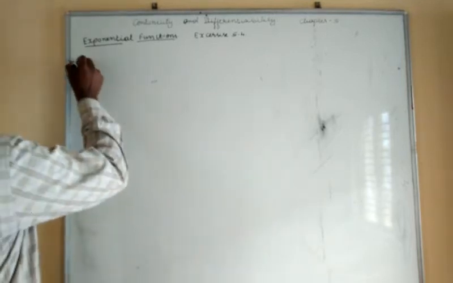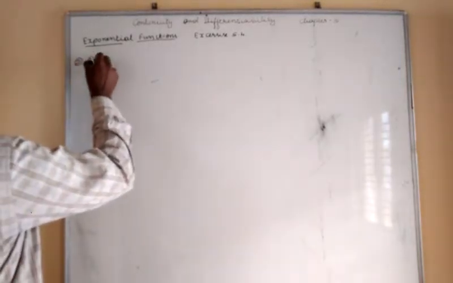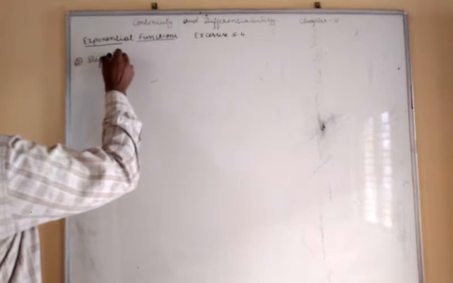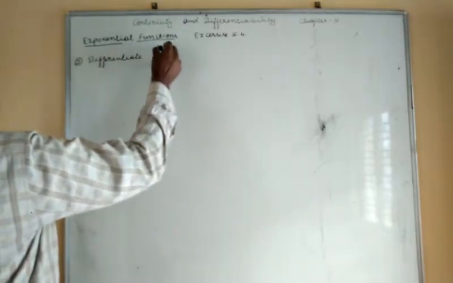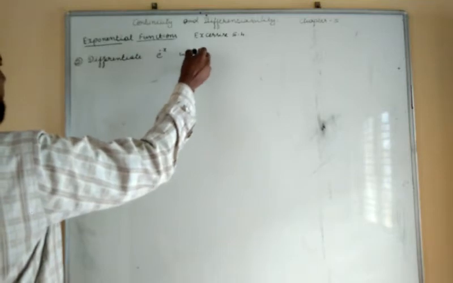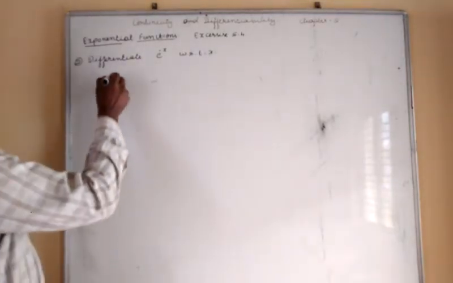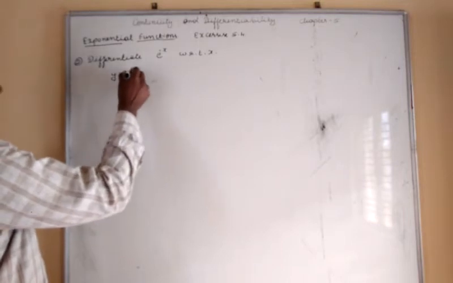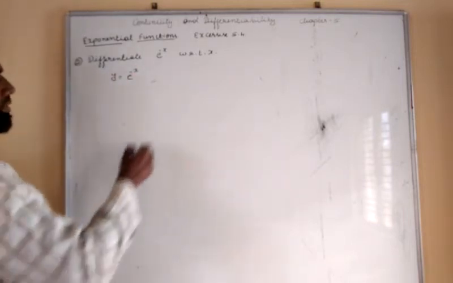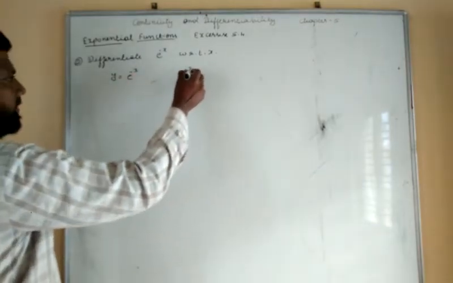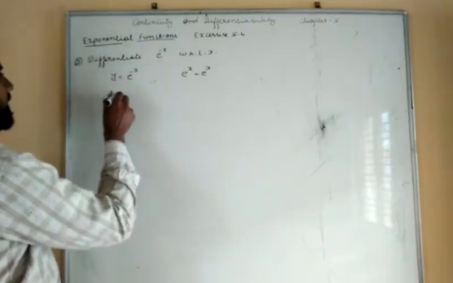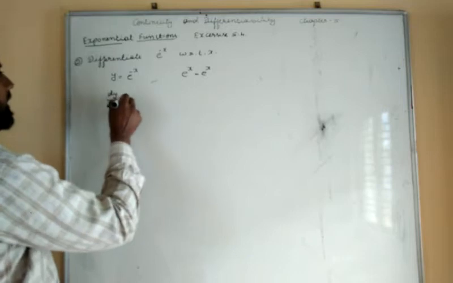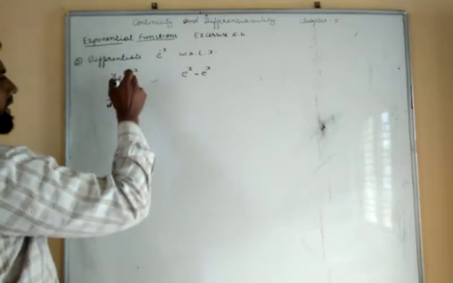Take down the next question. Differentiate e to the power of minus x with respect to x. Let us take the problem y is equal to e to the power of minus x. We know the differentiation of e to the power of x is e to the power of x only. So differentiation of y with respect to x: in the place of x here, minus x is there.